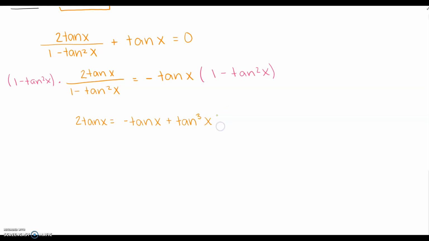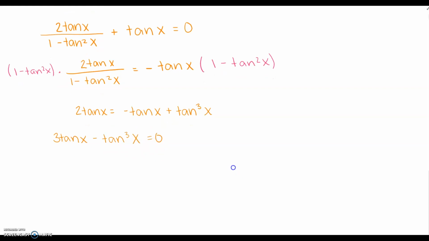And now I'm going to move everything back to one side. So if I add to the left, I'm going to add tangent, so I get 3 tangent of x. And then I'm going to subtract tangent cubed. And now it equals 0.